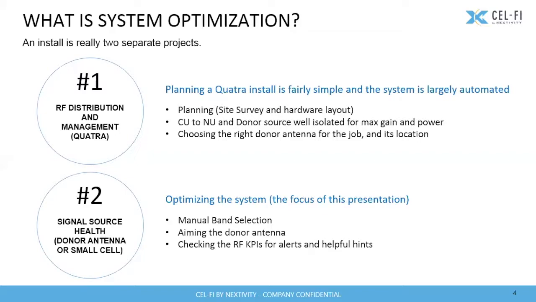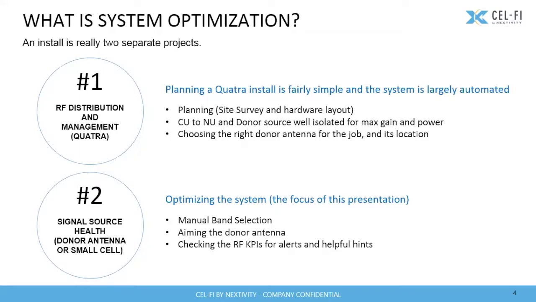Which is really just, again, taking a look at it to make sure everything looks good, and possibly doing things like aiming your donor antenna, right? And the new features that we're going to talk about are manual band selection we've added so that you can choose your own bands if necessary for a given system. Aiming the donor antenna, this has changed quite a bit. It's very, very different, but the new method is there for you on the Quatra 1000 and 2000 systems.